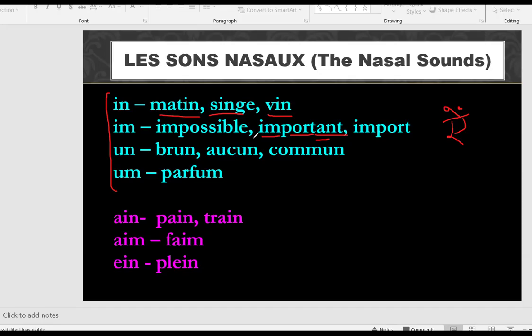Is the T pronounced or silent? Silent. So how do you read this? Important. Next, train.